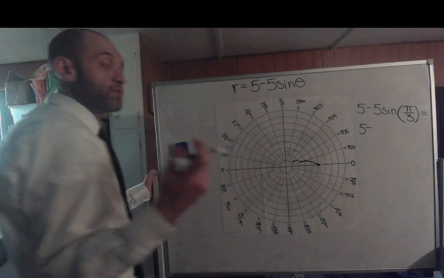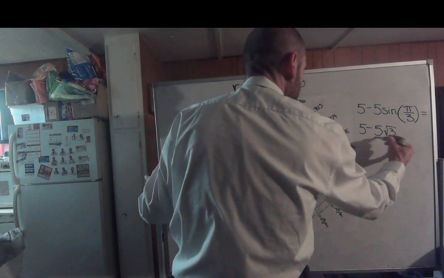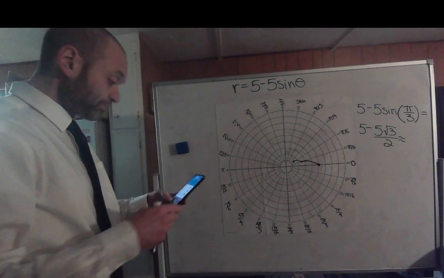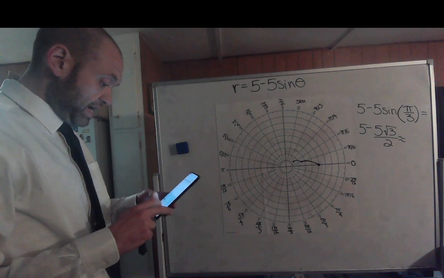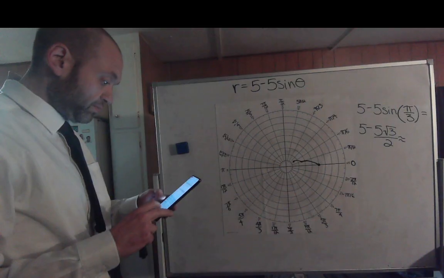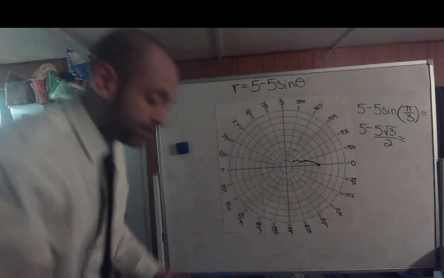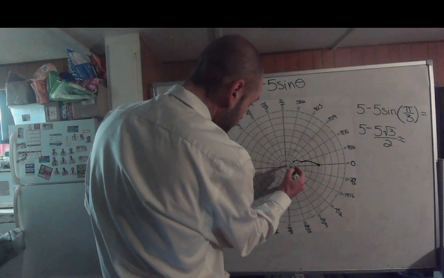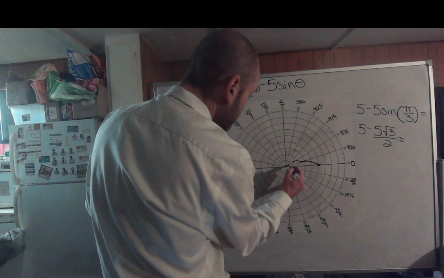That's the square root of 3 over 2, so you'd have 5 minus 5 times the square root of 3 over 2, which now we should be able to get yet another decimal approximation. So negative 5 times the square root of 3, divide that by 2, and then add 5 to that, you get about 0.67. So at pi over 3, you're about roughly right there.